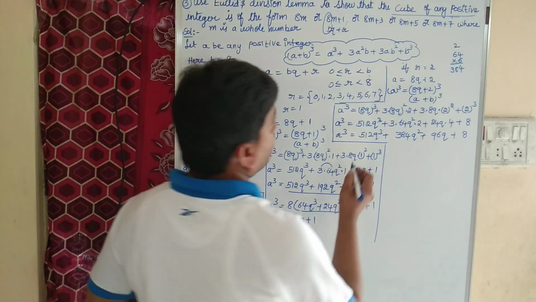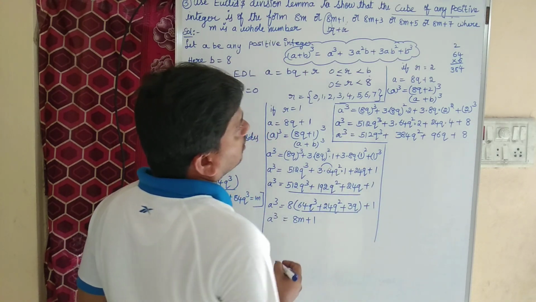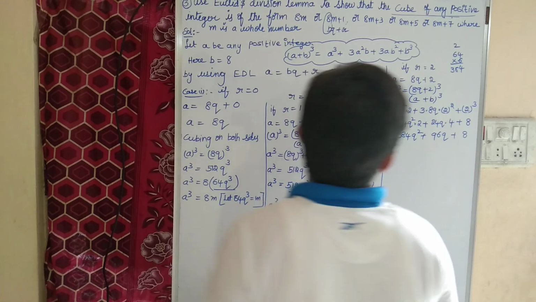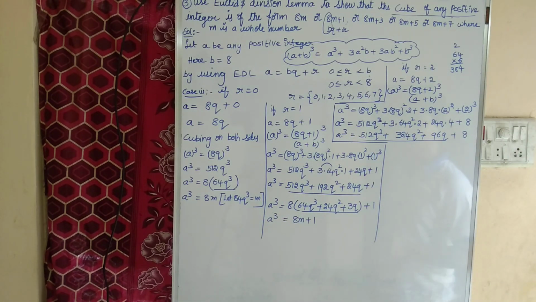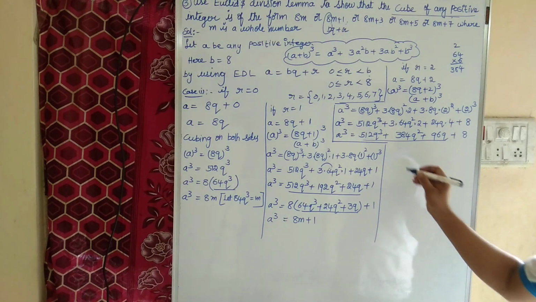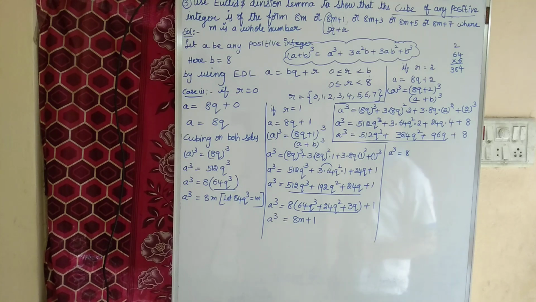Okay children, now among these, 2 cube is nothing but 8. Yes, among these three terms, let me take 8 as common.